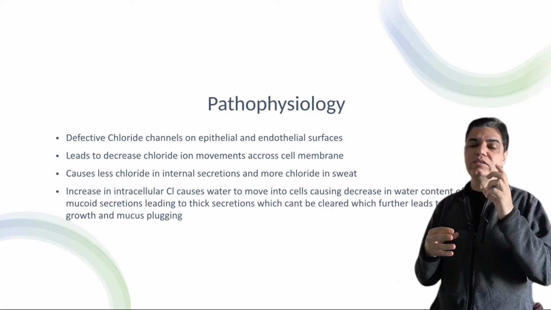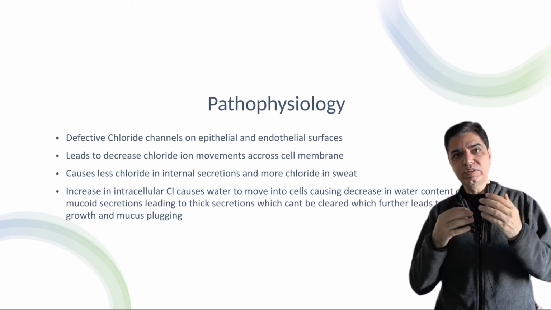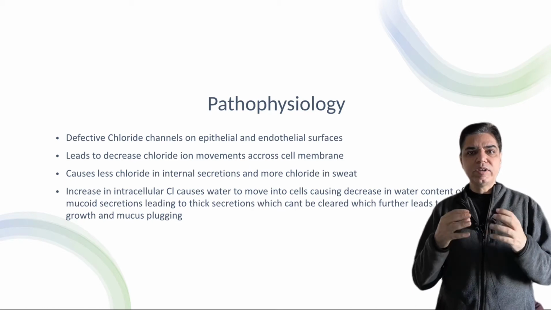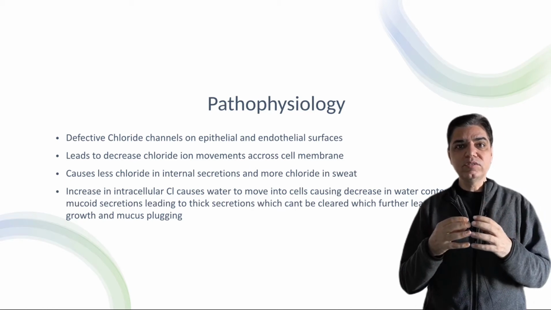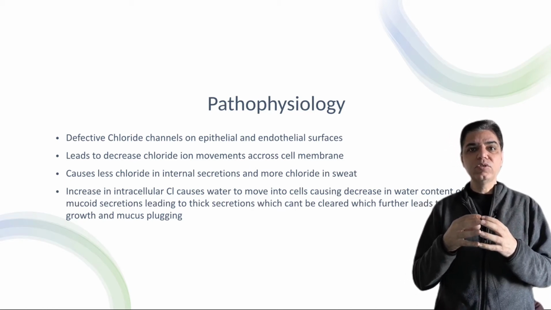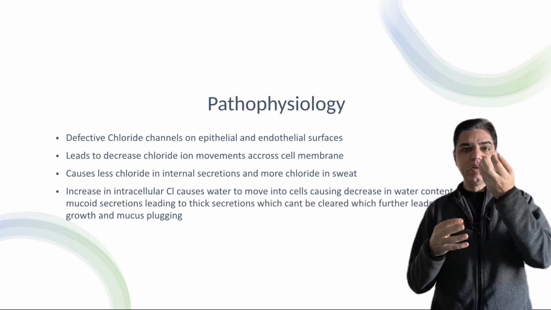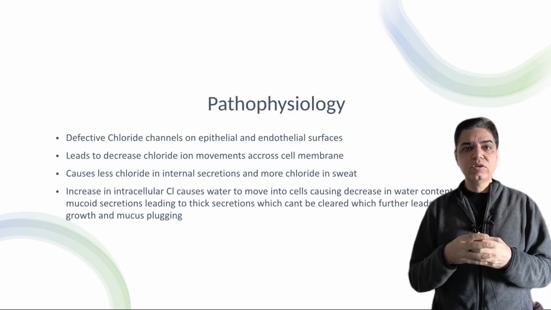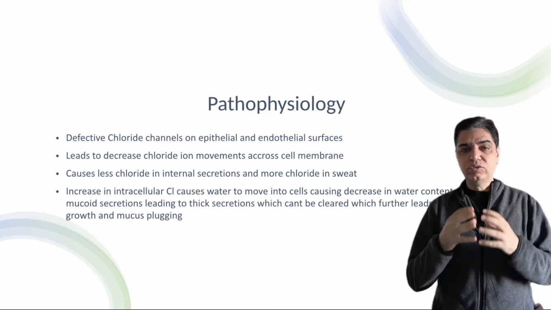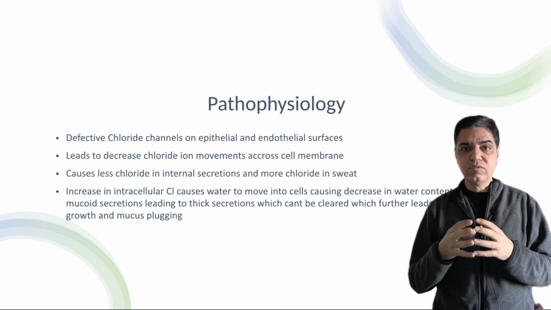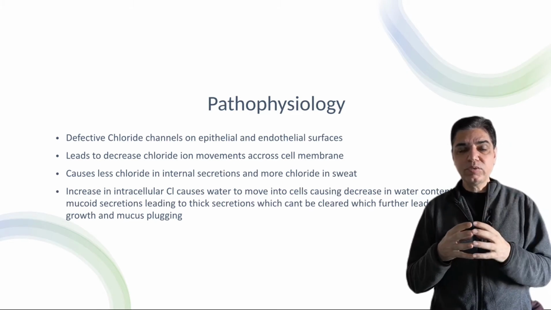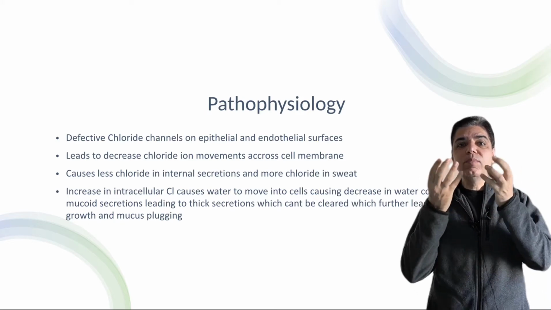Now as far as the sweat glands are concerned, the opposite happens. In sweat glands, these chloride channels are responsible for reabsorbing the chloride back into the cells. So when these chloride channels are faulty in the sweat glands, the chloride would not go back inside the cells.